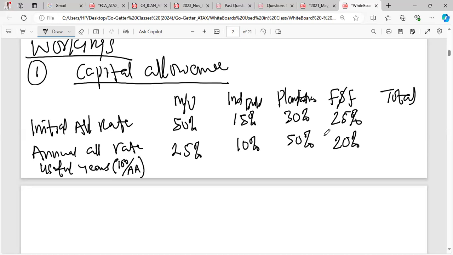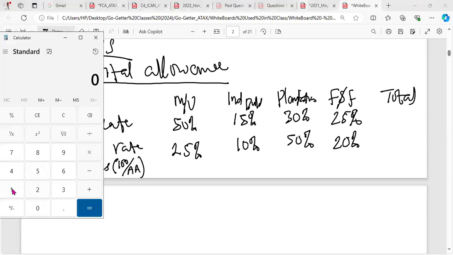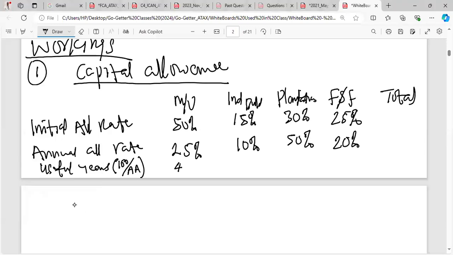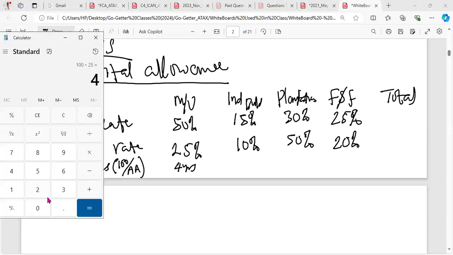So what it means here is that 100 divided by 25 for motor vehicle is 4 years. For industrial building, 100 divided by 10 will give you 10 years.